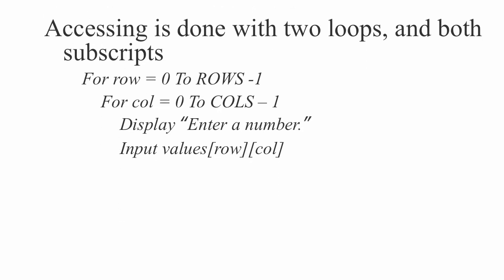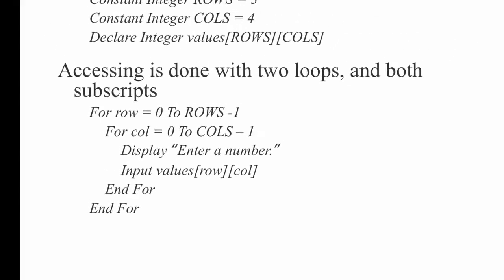We're going to input the values into the row element, by column element. And then we're going to end the first for statement, that's for the columns, and then we'll end the second for statement, that's for the rows. And so we're going to walk right on through. So for the first row, we're going to go 0, 1, 2, 3, and then we're going to go to the next row, and we're going to go column 0, 1, 2, 3, and then the next row, column 0, 1, 2, 3.